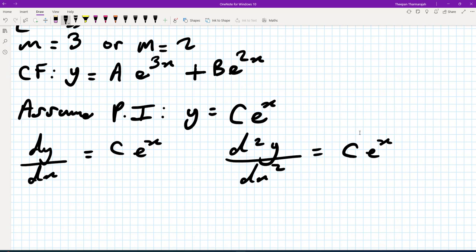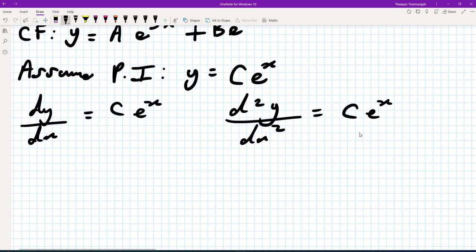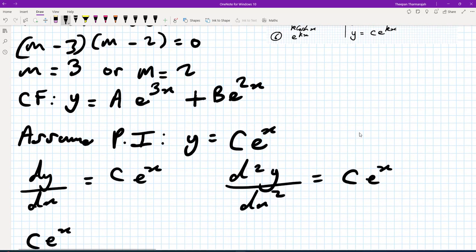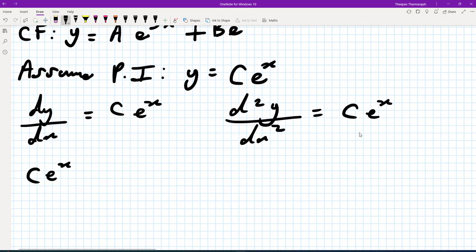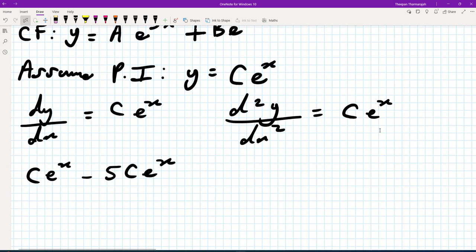Now we substitute this into our differential equation. So it's c times e to the x, and don't forget it's minus 5 times dy by dx, so minus 5 times c times e to the x, and then plus 6 times the particular integral, so plus 6c e to the x.